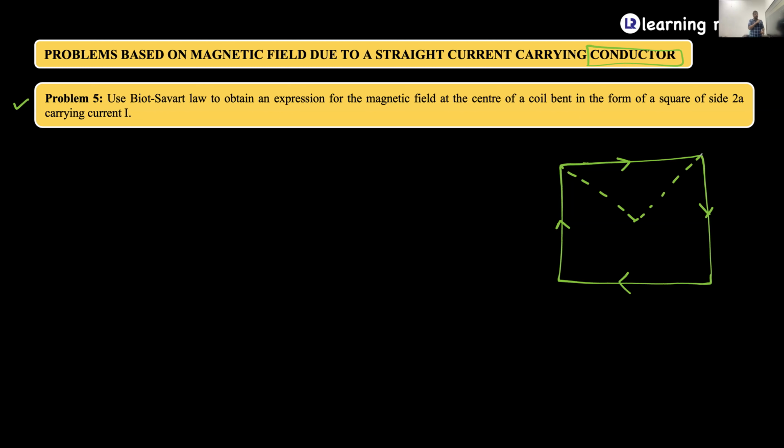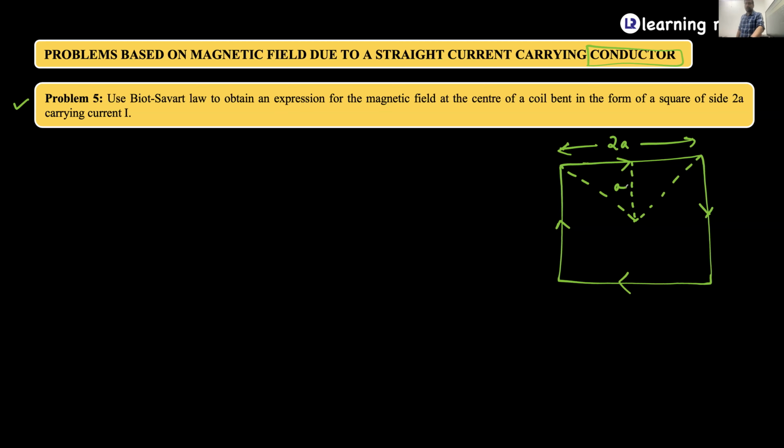Okay. Now, this is of finite length of how much value? 2A. And what is going to be the distance from here till here? If this distance is 2A, half of it is going to be A. I hope that point is registered. Okay.